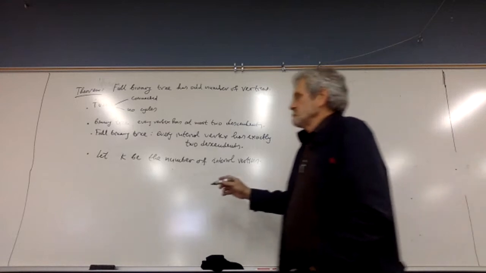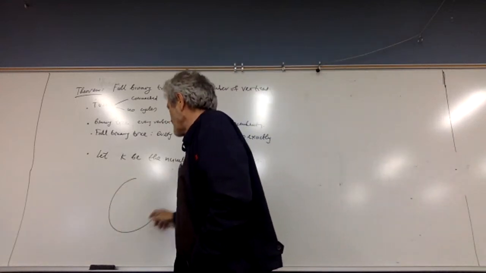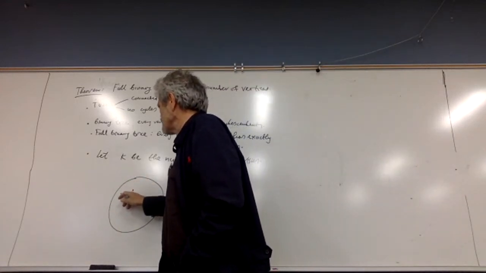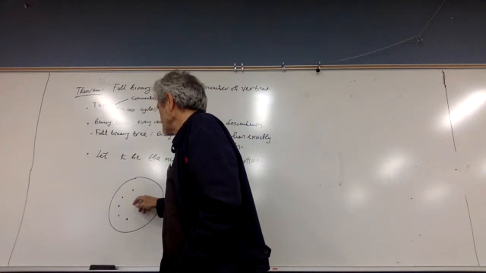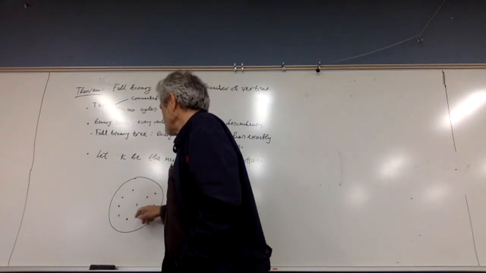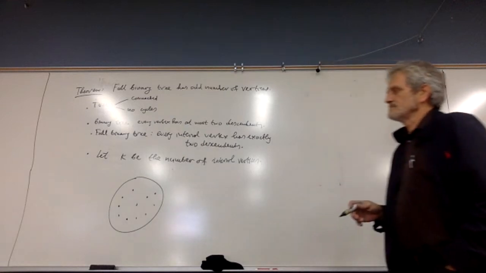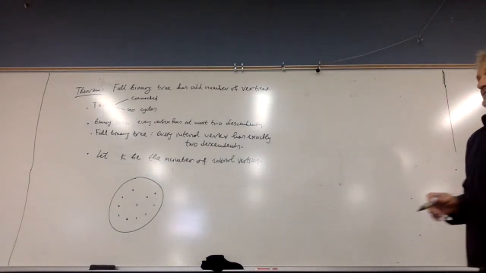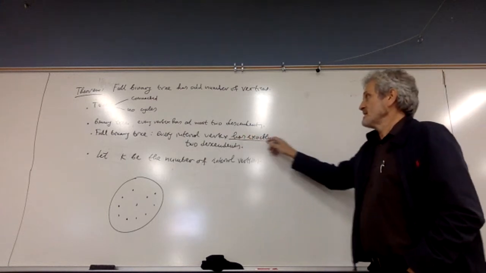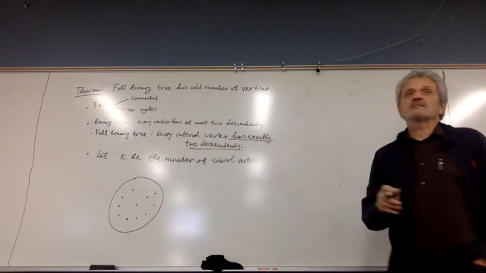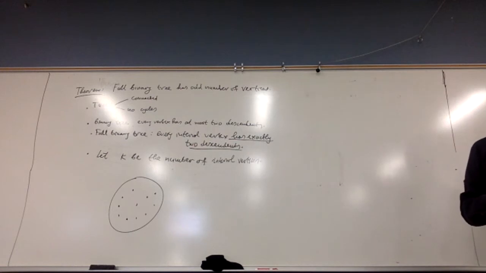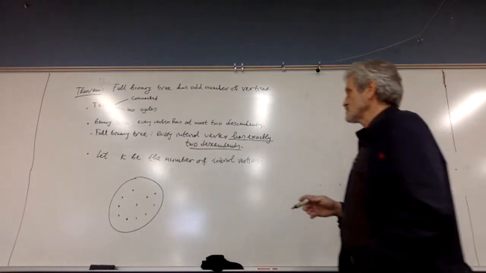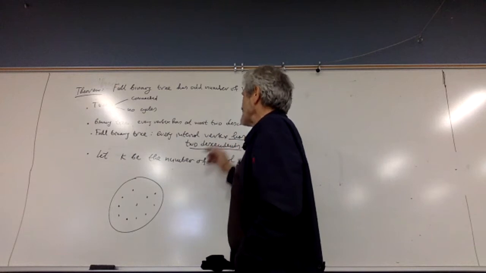Here's a rough drawing with all the internal vertices. The rule says every internal vertex has exactly 2 children.